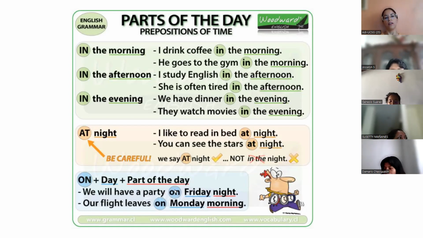So you place the preposition on plus the day, Sunday, Wednesday, Saturday, and the part of the day: morning, afternoon, evening, or night. Our flight leaves on Monday morning, on Saturday evening, on Monday afternoon.